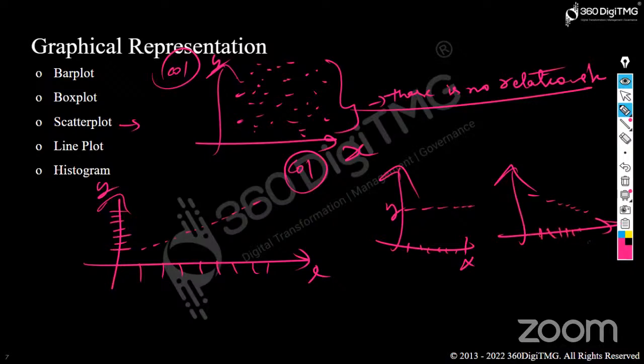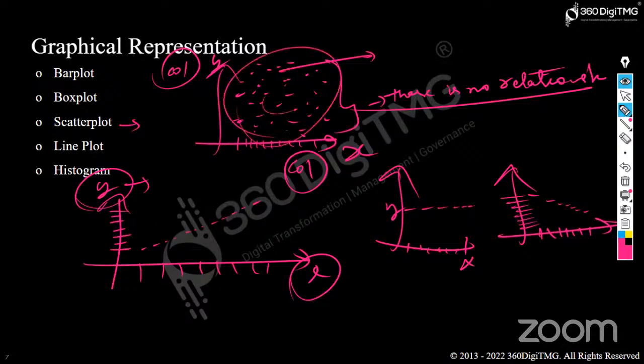When I increase the X value, the Y value decreases. So there is a relationship. Whenever I change something with respect to the independent variable, the dependent variable is also changed. Here, whenever I increase, sometimes it increases, sometimes decreases, sometimes remains constant. So it is unpredictable. So we can't understand from this.